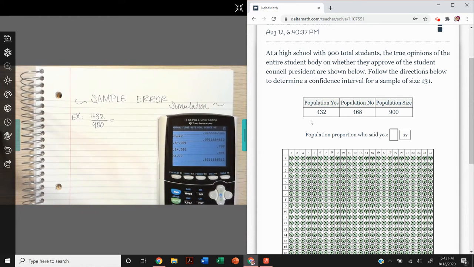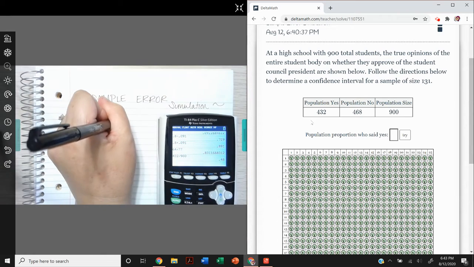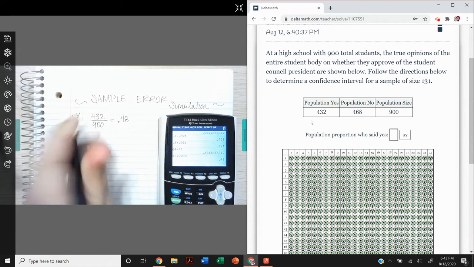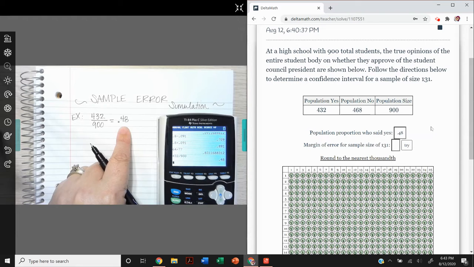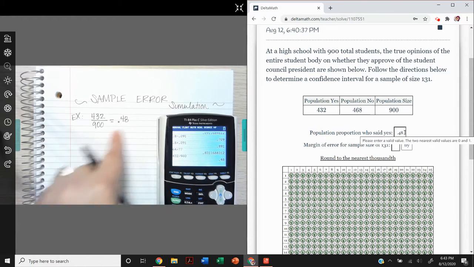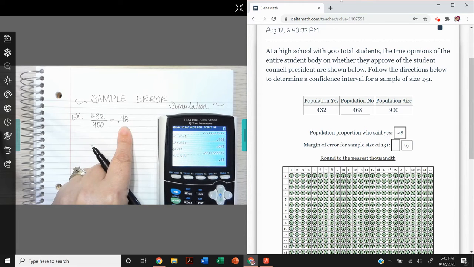So I just take 432, divide it by 900, and I get 0.48. Now I'm going to type that in here. So 0.48, try. That's a good indication. If I had been wrong here, then a message would have popped up on Delta Math giving me another explanation on how to calculate that.